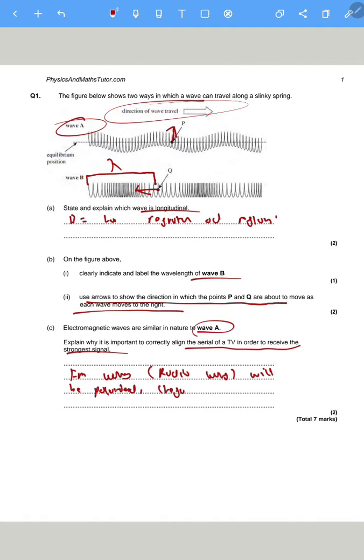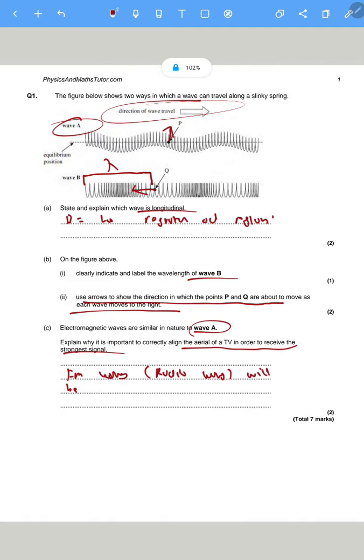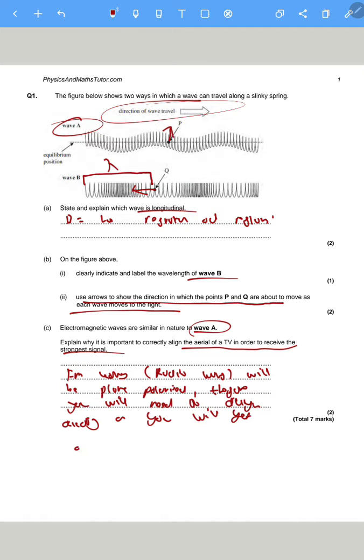They're plane polarized, not just polarized, plane polarized. Therefore, you will need to align accurately or you will get a weak signal.